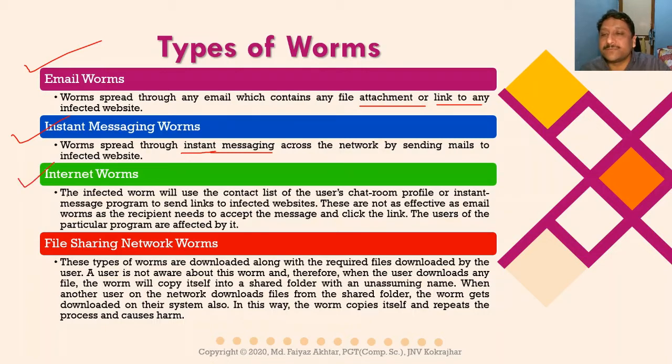Internet viral worms. The infected worm will use the contact list of the user's chat room profile or instant message program to send links to infected websites. From your contact list, from your email address list, these worms get to you.